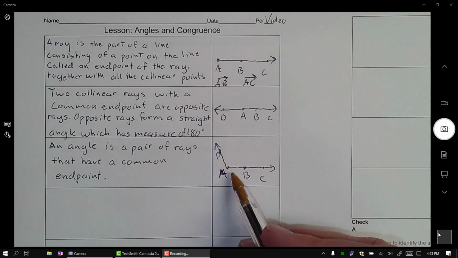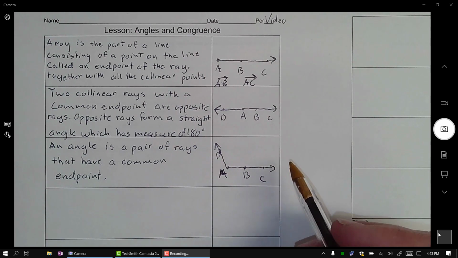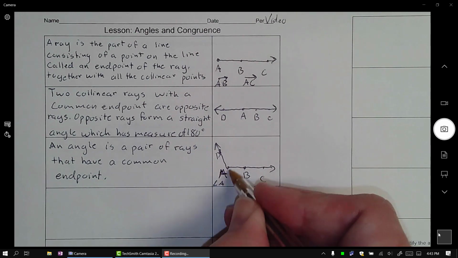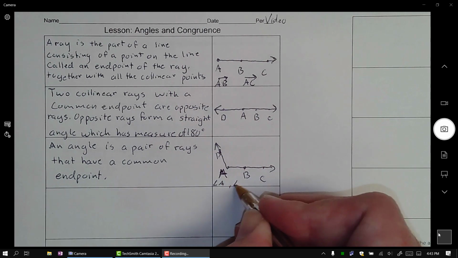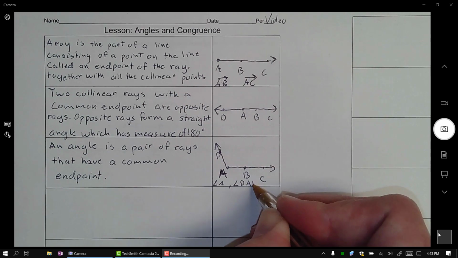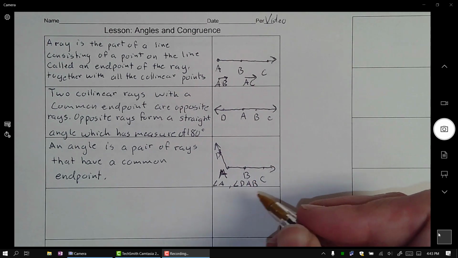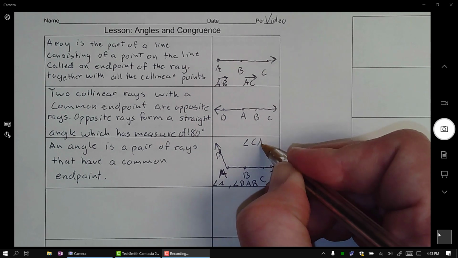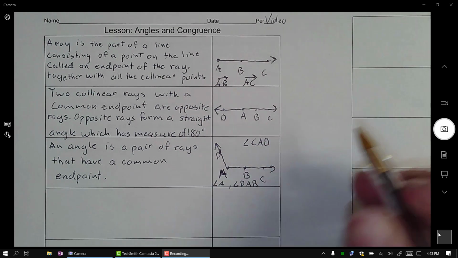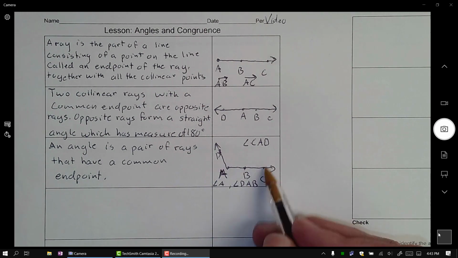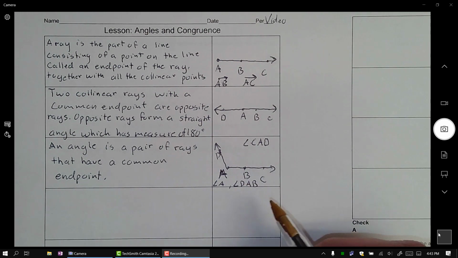So this would be our angle right here. And we can call this angle A because that comes from the vertex. We can also call this angle DAB. We can also call this angle CAD. Notice that your vertex is the center part, and we're going to define vertex next.